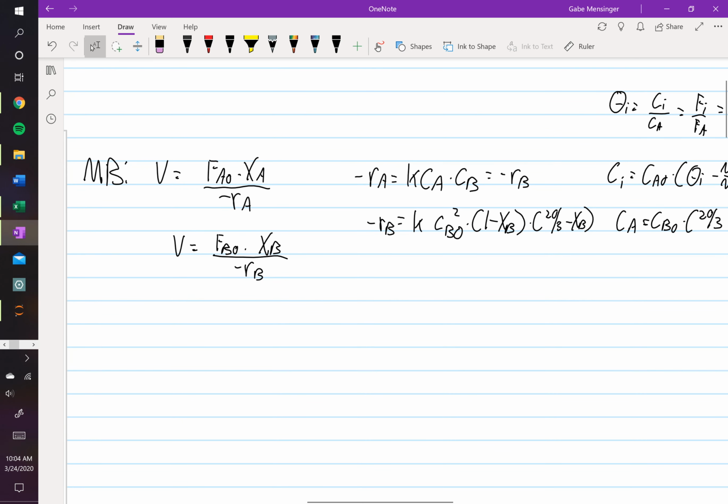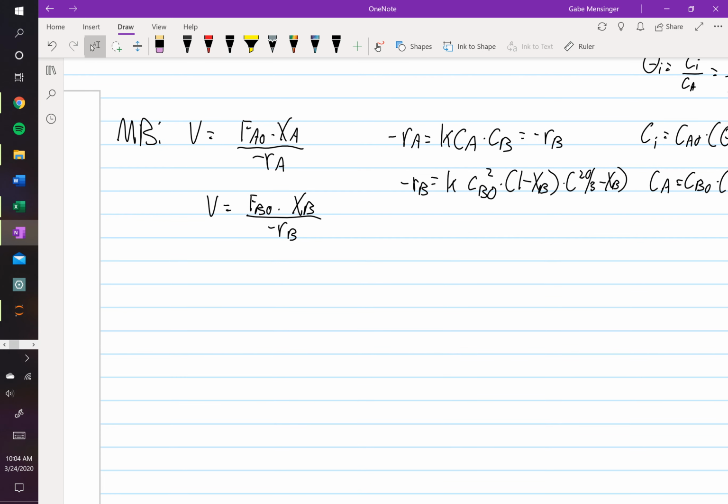We're not really given too much information on FB naught, so I am going to rewrite that in terms of the volumetric flow rate and the concentration. Remember that FB naught is equal to CB naught times V naught.